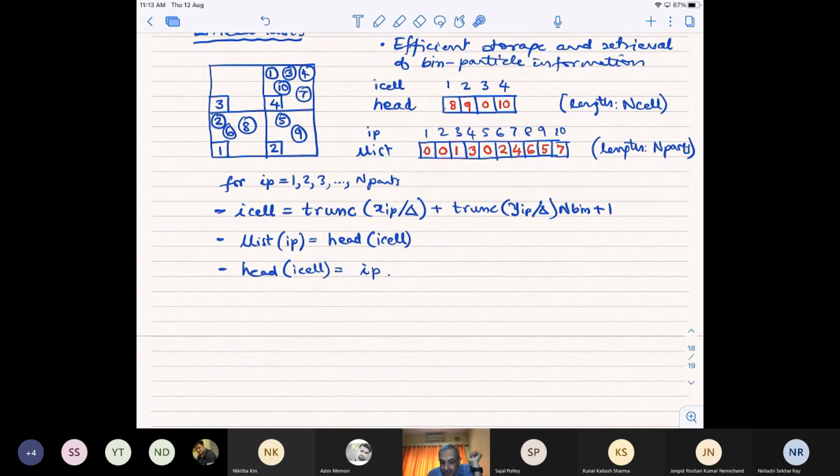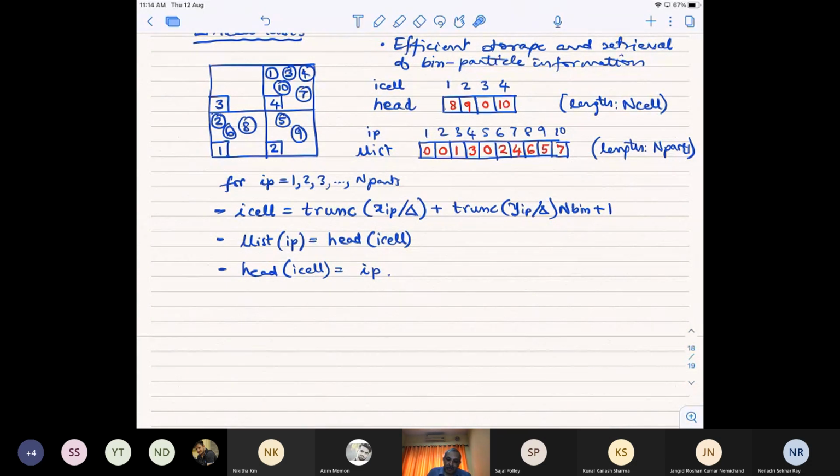So now if you look at these two matrices, you will find that the particle number comes only once in between these two matrices. So if you see, 1 is over here, then 2, 3, 4, 5, 6, 7, and then 8, 9, and 10 are there.